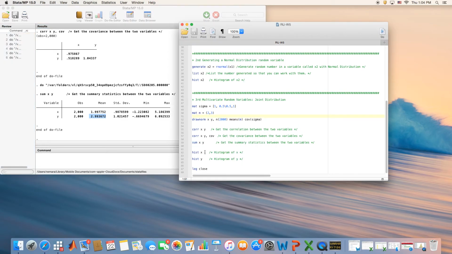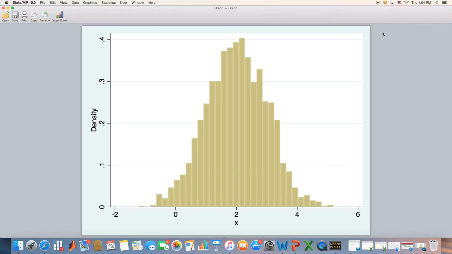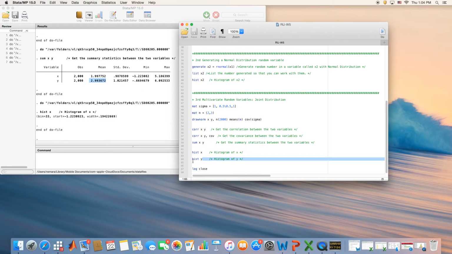If you want to see how x looks like, we can do the histogram. It looks normal, centered, as you can see, at 2, where 2 is the average. This is not a standard normal, because the standard normal would have a center at 0, right? So this is just a normal random variable.